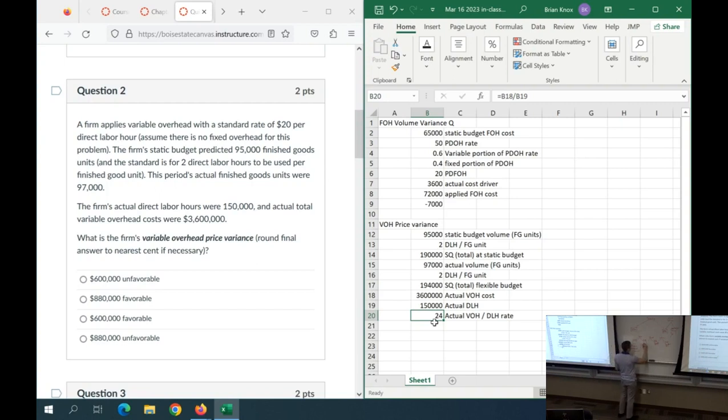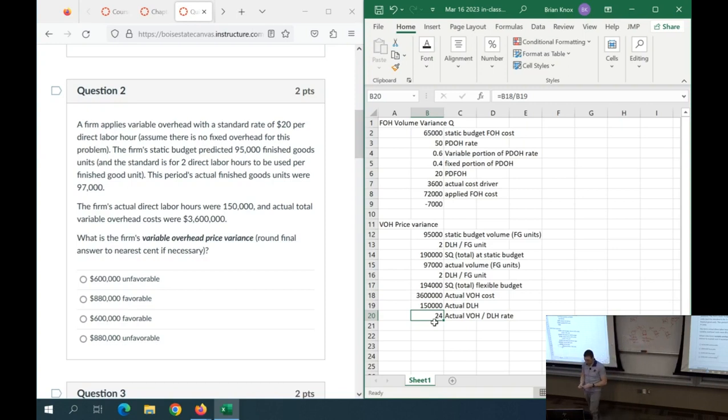All right, now we're trying to get the price variance. I went through this just to show you what's in the question. It's not relevant to this particular version of the question. Maybe you have other ones that have a similar stem, but they're asking for a quantity variance, and hopefully that helps you get the standard quantities right. This question is asking for the price variance. So we need to compare this 3.6 million and the quasi-budget here, which is actual quantity times standard price. Standard price, like it says, is $20 per direct labor hour, and actual quantity we already have.